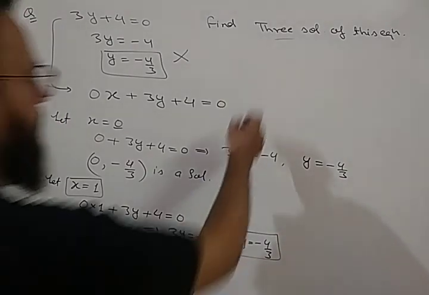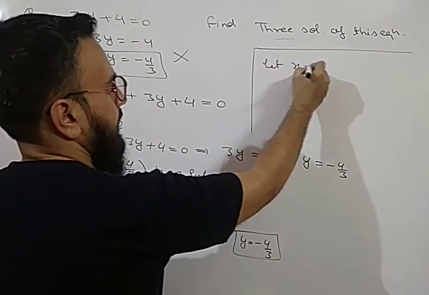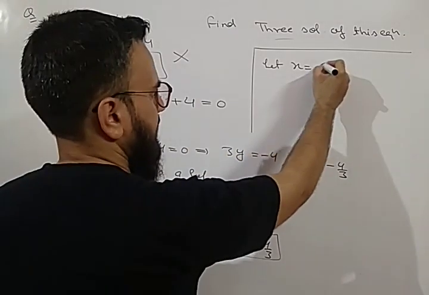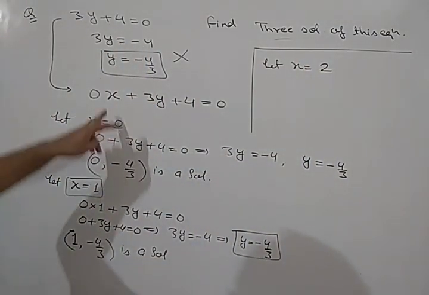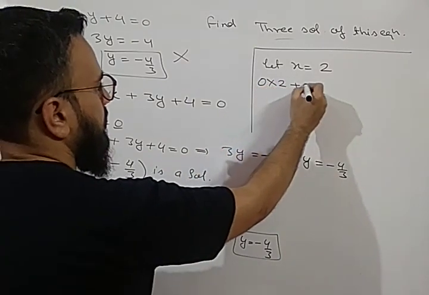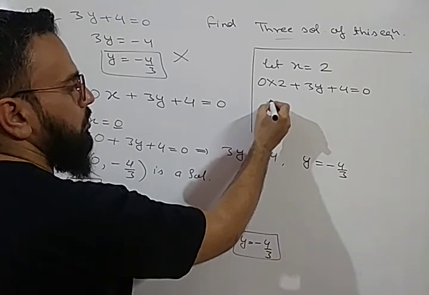So now let us take another value. We have taken x equal to 0, x equal to 1. Now we are taking x equal to 2. If you put x equal to 2 in this equation, then again it will be 0 into 2, which is 0, plus 3y plus 4 equal to 0.